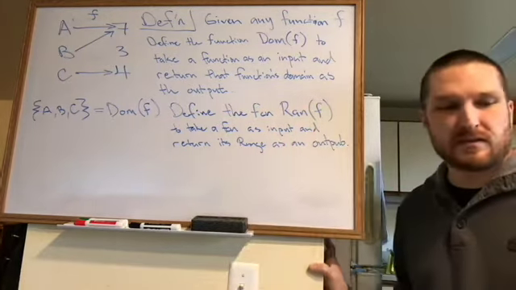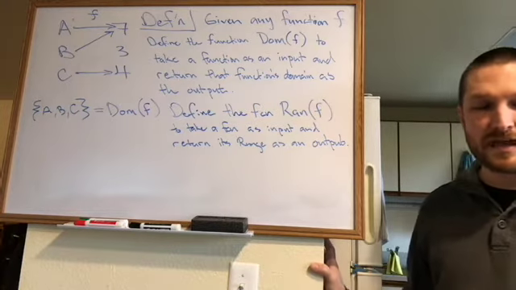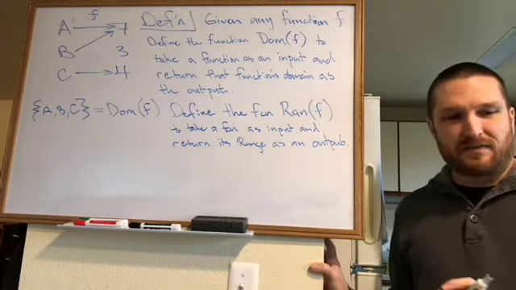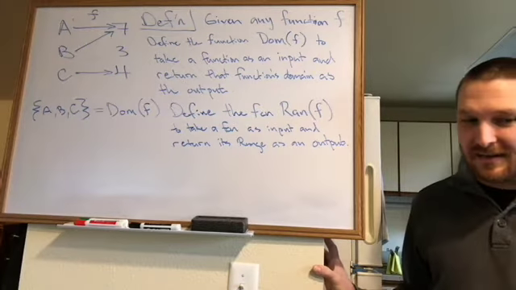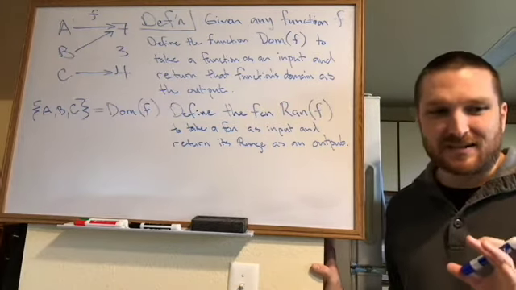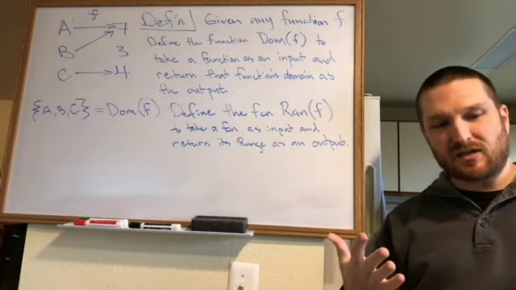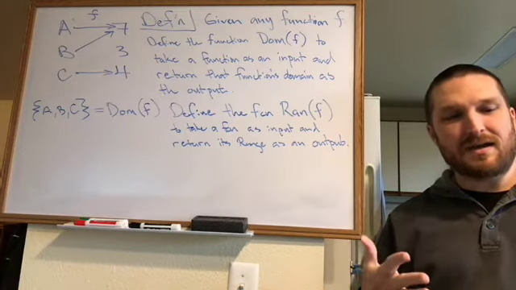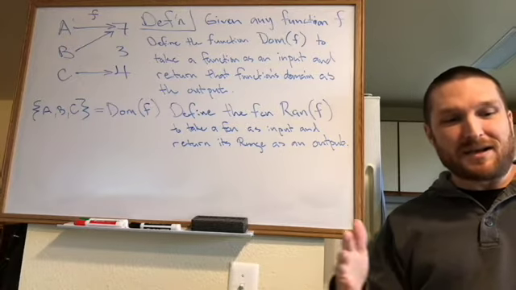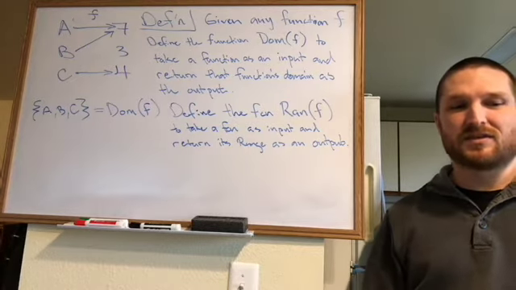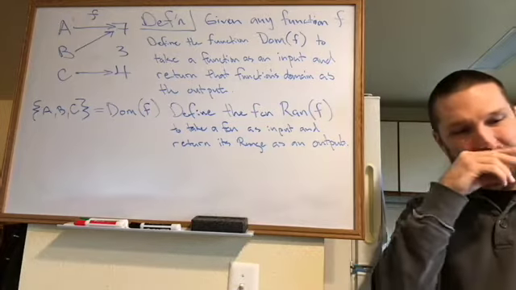We're not going to make a big deal out of this. I'm not going to quiz you on this or anything. This isn't going to show up on an exam, except if I just say, what's dom f? It's again mathematicians being lazy. Instead of writing what is the domain of f, I could just write what's dom f or what's ran f.